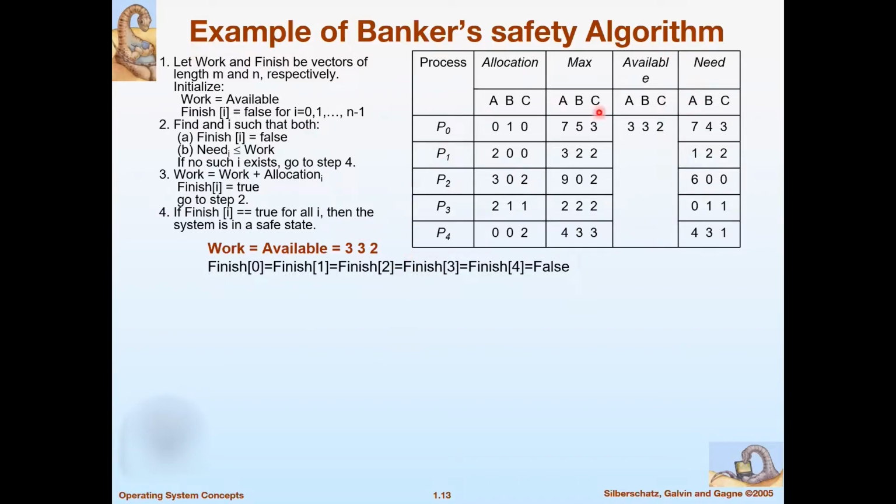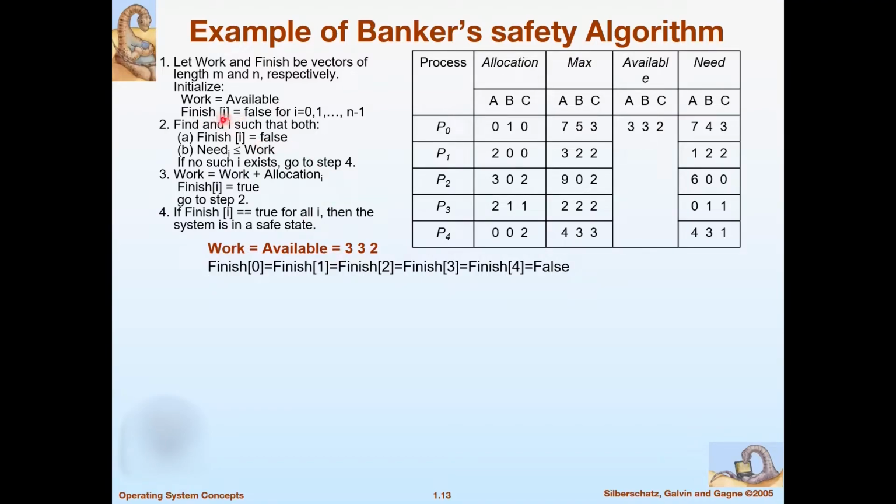In the banker's safety algorithm, we have taken data structures, one initialized by available. In this case, the available vector is 3, 3, 2. So work is initialized to 332. And there is another data structure, finish.